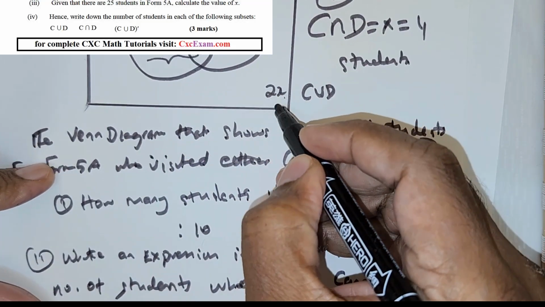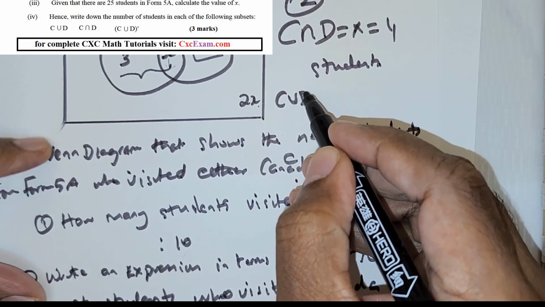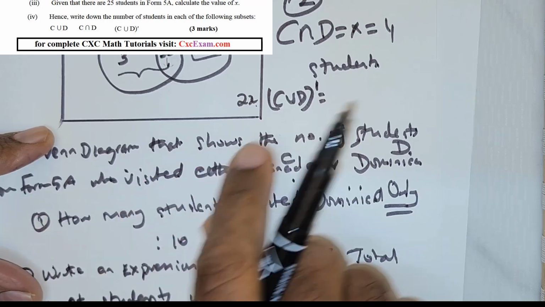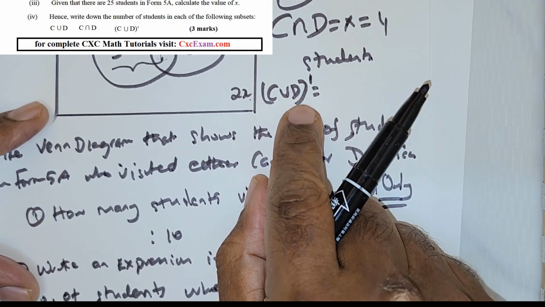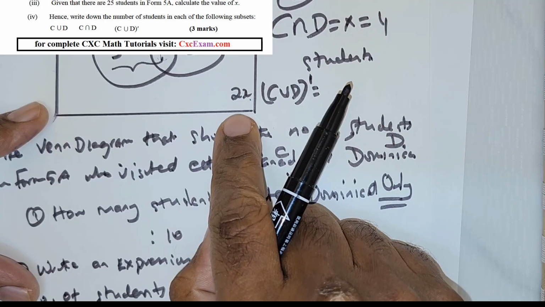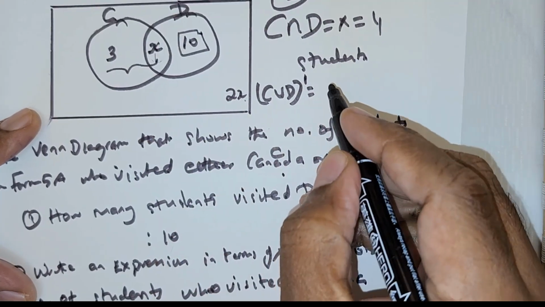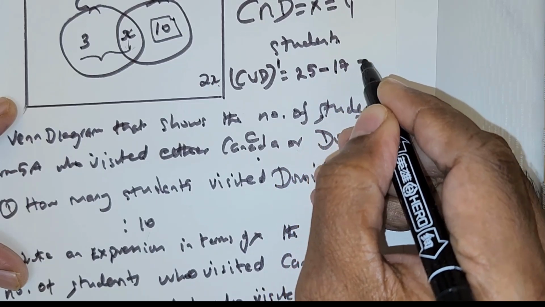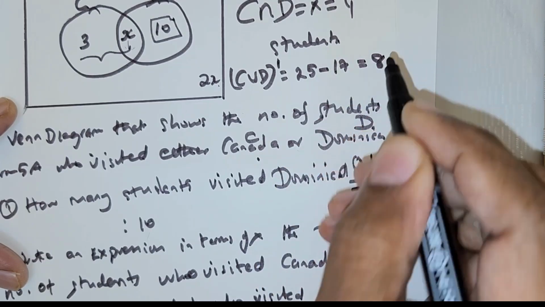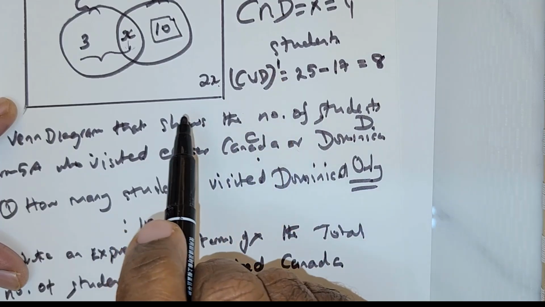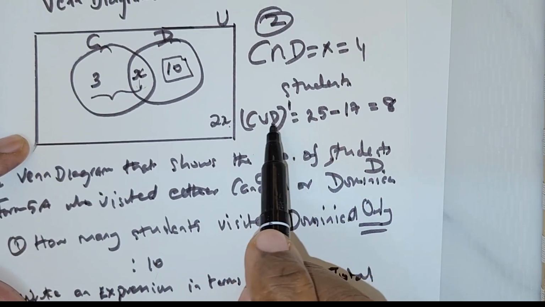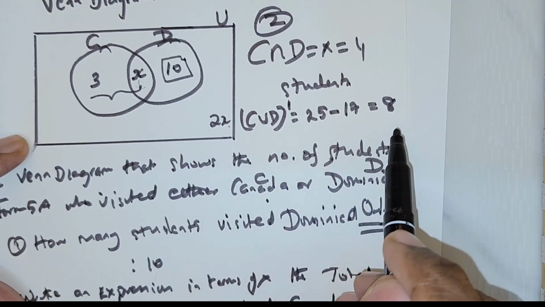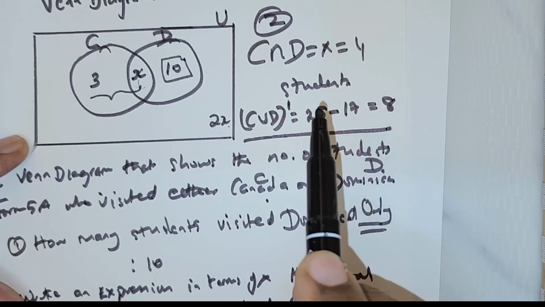But a complement means you need to put in everything other than C union D. So from the total number of students you take away 17, and that would give you 8. Now you can also get that C union D complement from 2x. Substitute x is equal to 4, and that would directly give you the value 8.